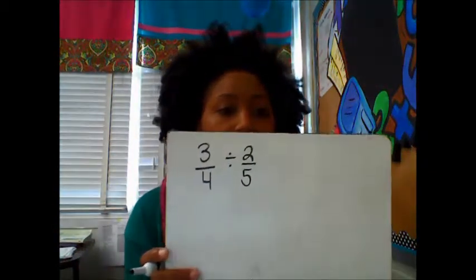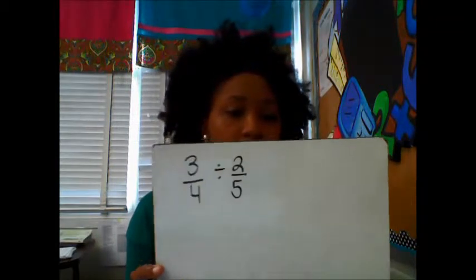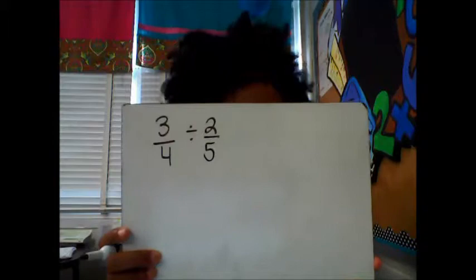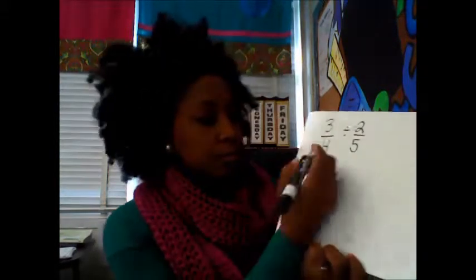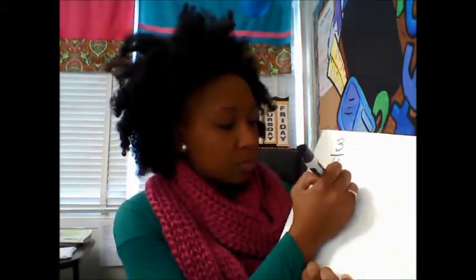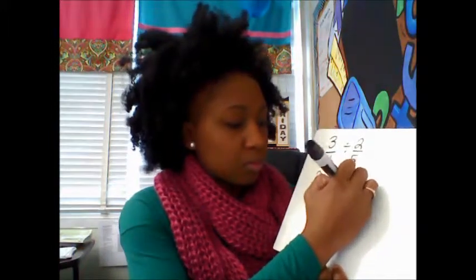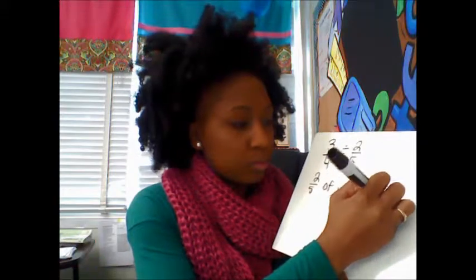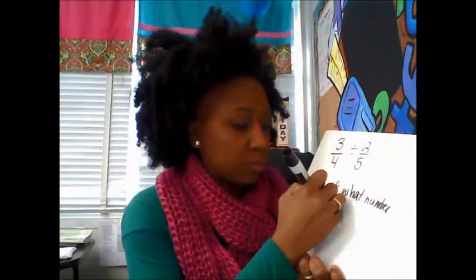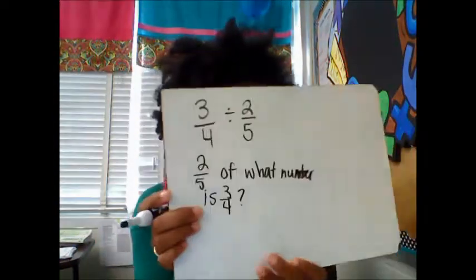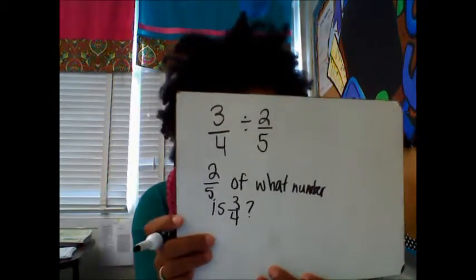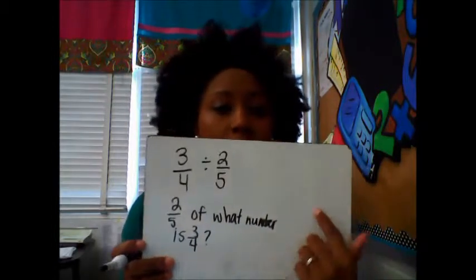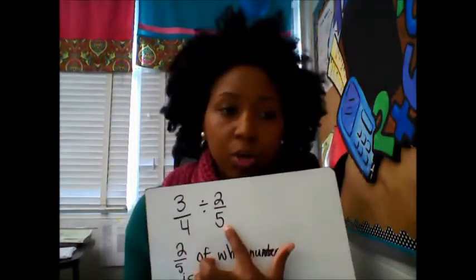Let's look at this problem. 3/4 divided by 2/5. Another way you can say this problem is 2/5 of what number is 3/4? So the first thing we want to do is create a tape diagram to showcase 2/5.